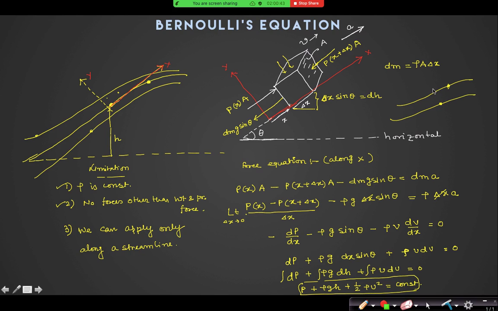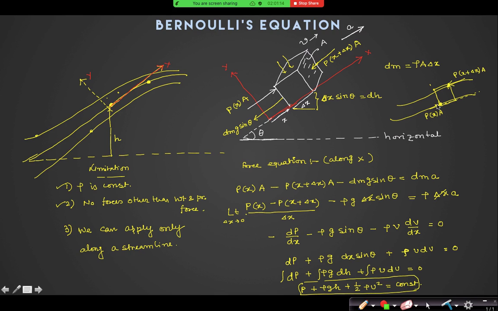Look, there may be different cases. Suppose I have taken this particle. Here I can say that this force is P of x into A. Are you sure that this force is P of x plus delta x into A only?